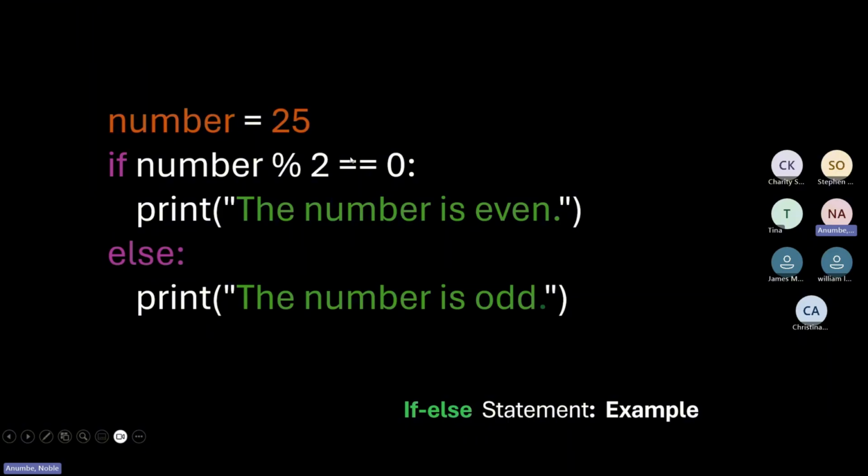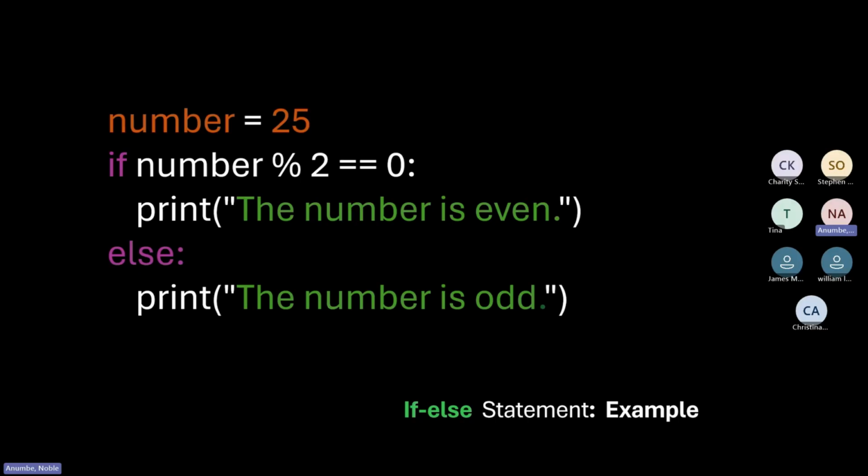So Tina, look at this. Mod 2 is equal to 0. If a certain number, you apply this to the certain number, is equal to 0, then the number is even. I think this is the modulus operator, right? And how the modulus operator operates is it gives the remainder.